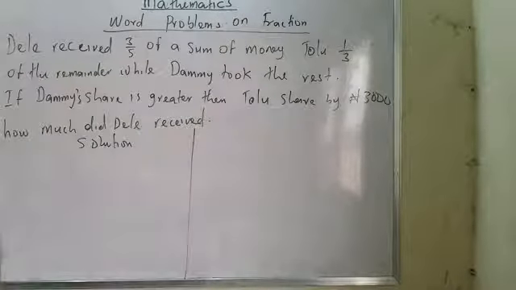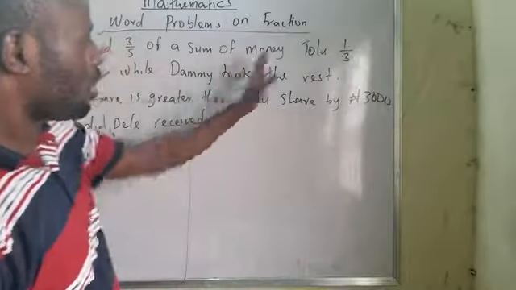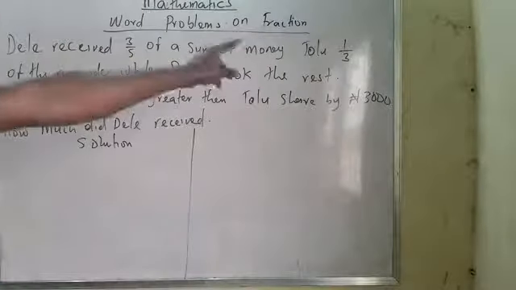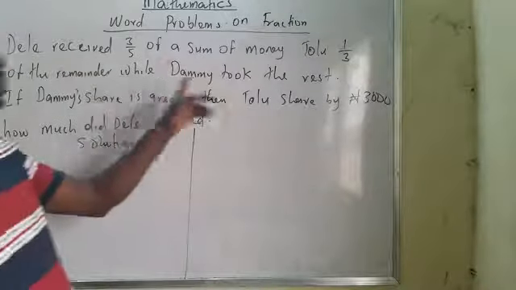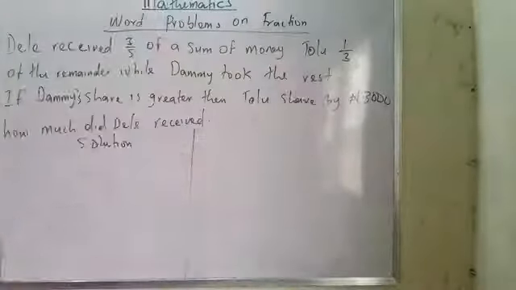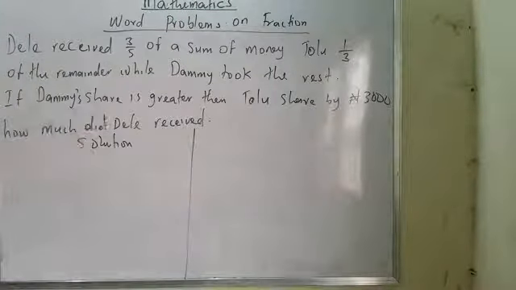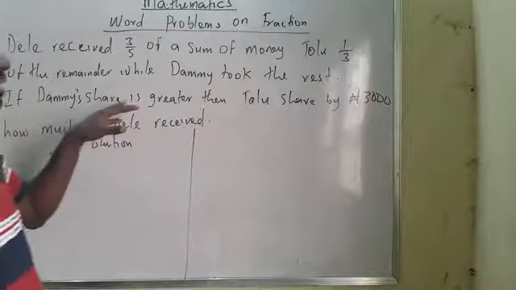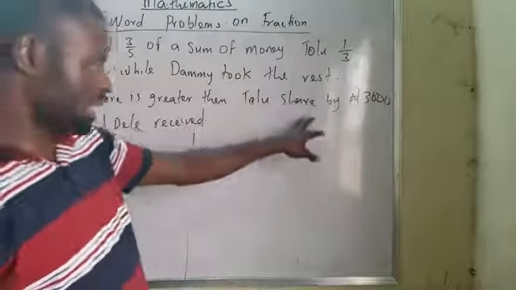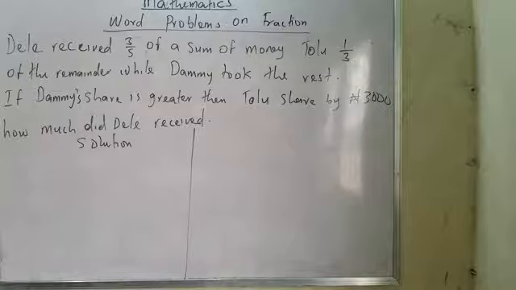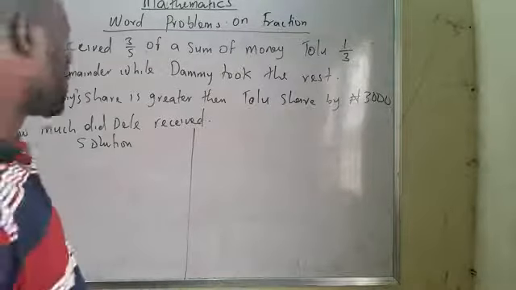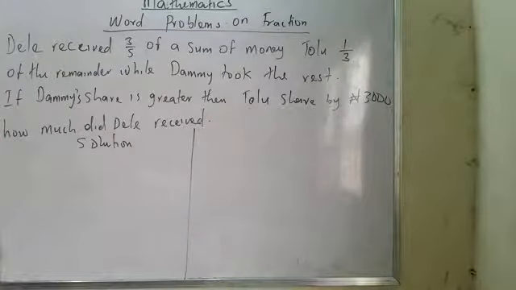Dele received 3/5 of a sum of money, Tolu 1/3 of the remainder, while Dami took the rest. If Dami's share is greater than Tolu's share by 3,000, how much did Dele receive? That is a very nice question, and this type of question can be given in any exam.